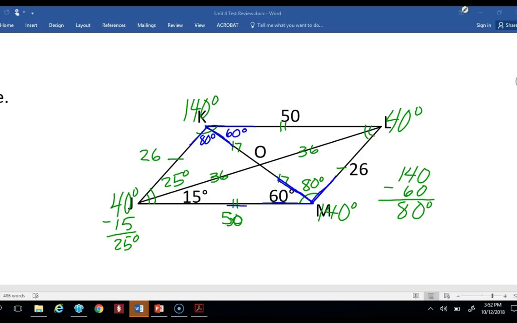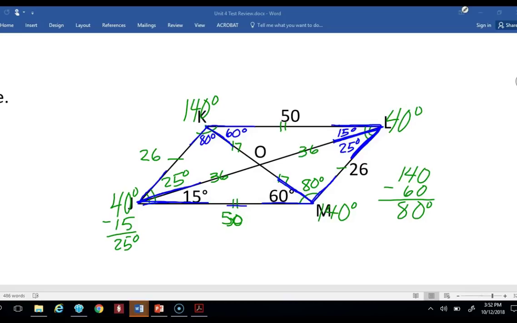Same principle is going to apply over here where I have the 25 degrees, and down here is where the 25 degrees is going to go because that's its alternate interior angle. Then we have the 15 right here, and its alternate interior is up here, and that's 15.